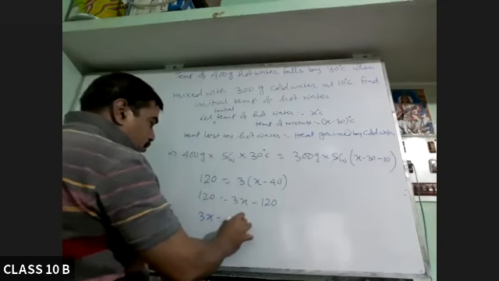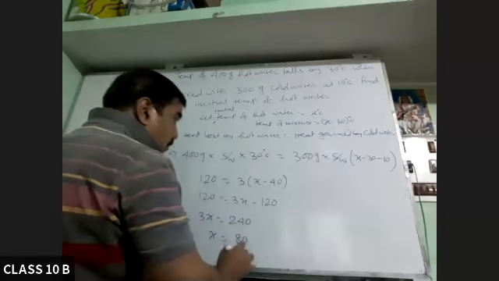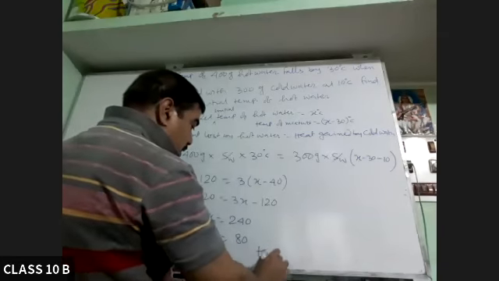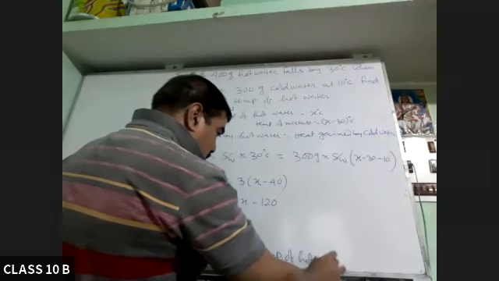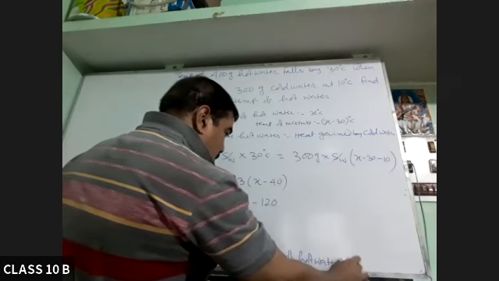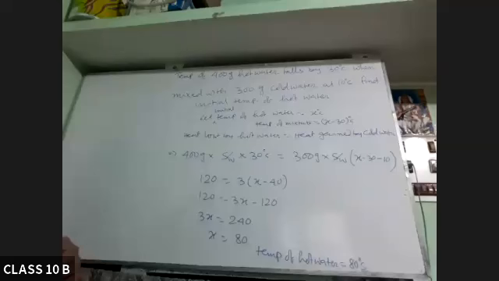So 3x is 240, so x is 80. So the temperature of hot water is 80 degrees Celsius. Okay, 60 is not the right answer.